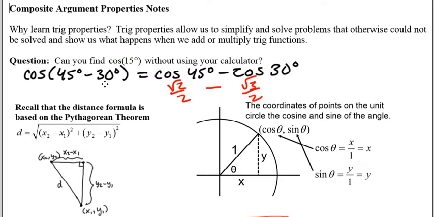So recalling from special triangles, and we'll review these a little bit later in the notes, cosine of 45 is the square root of 2 over 2, and cosine of 30 is the square root of 3 over 2. So I'm going to check on my calculator to see if cosine of 15, which is 45 minus 30, is equal to the difference of these two trig values.